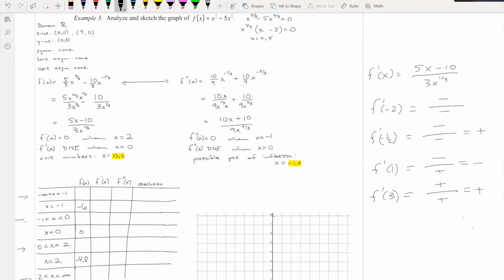So I've got a positive here, a positive here, a negative there, and a positive there. I also know that f prime of 2 is 0. I know that because it's one of our critical numbers. So this is a 0 here. And I think if I try to plug in 0 into my derivative, I get an undefined value here.